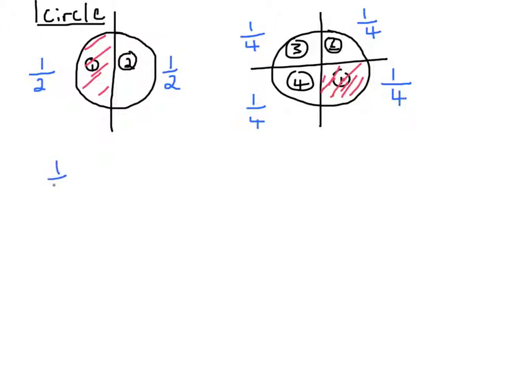1 over 2 and 1 over 4 are both called fractions, and they indicate a portion of a whole. If I want to convert my fraction to a decimal, this is what I do. So 1 over 2 is the fraction, and what it represents is 1 divided by 2.